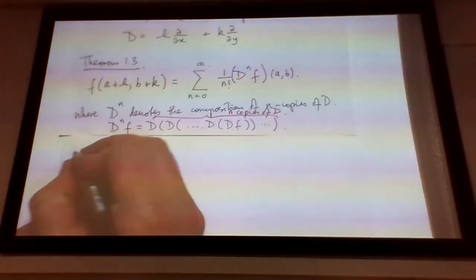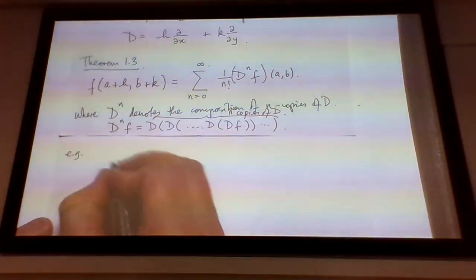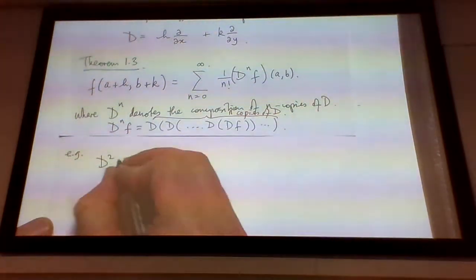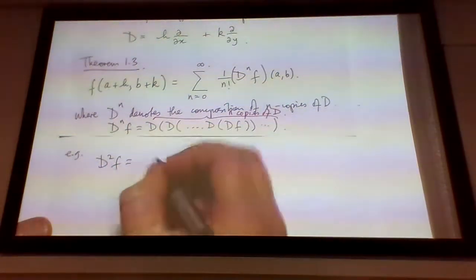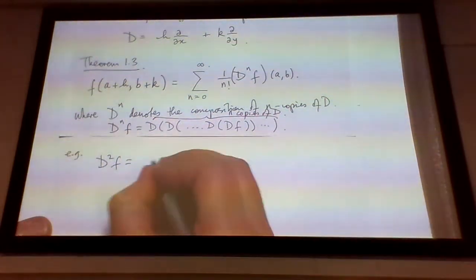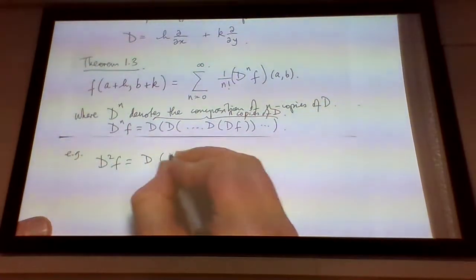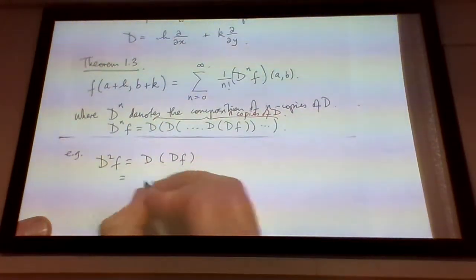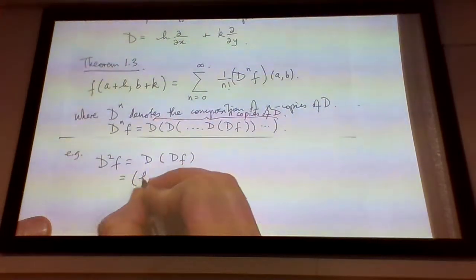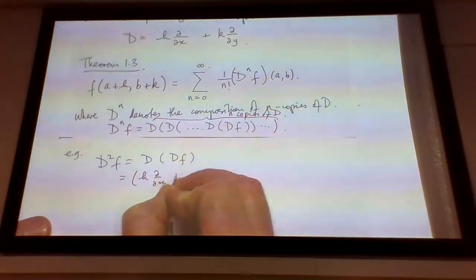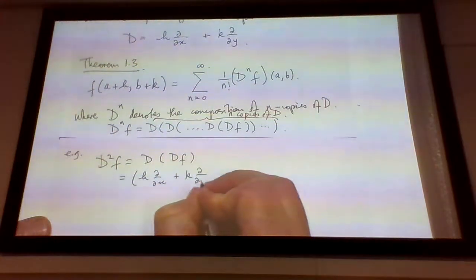So just to show you an example, what might D squared applied to f look like? D squared applied to f would look like D applied to D of f. Well, the operator D is h d/dx plus k d/dy.